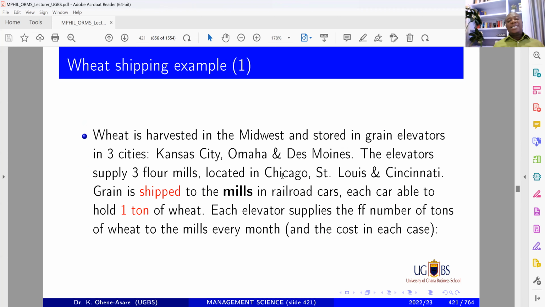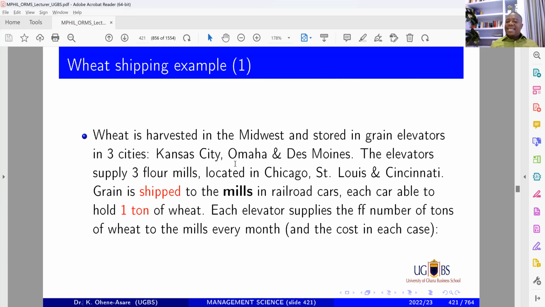And to do that, let's take this simple example. Please watch me and follow me here. Wheat is harvested in the Midwest. Wheat is stored in grain elevators in 3 cities. So they are harvested in the Midwest, but we are not told where in the Midwest they are harvested.